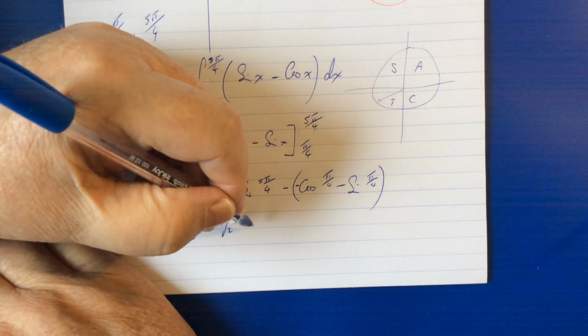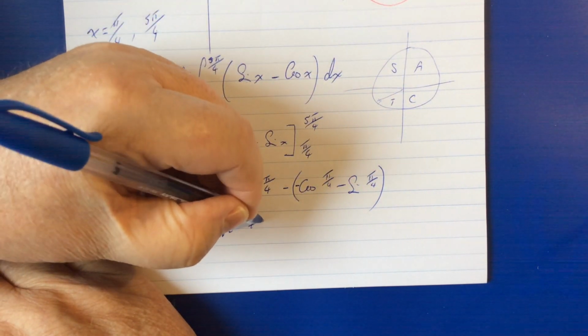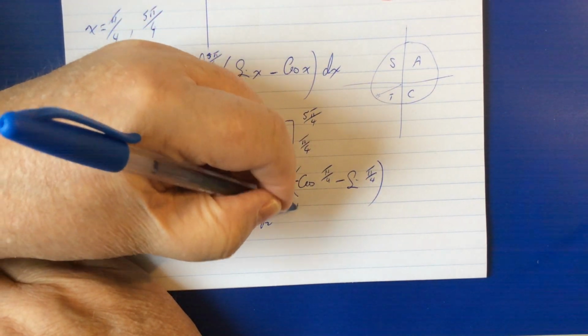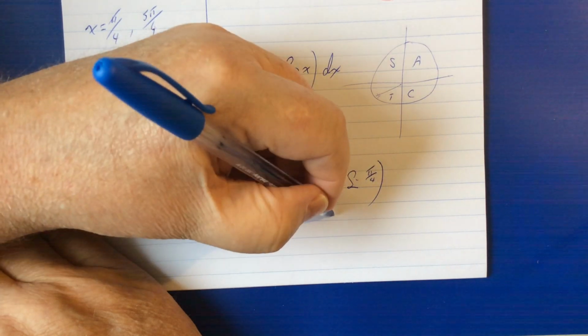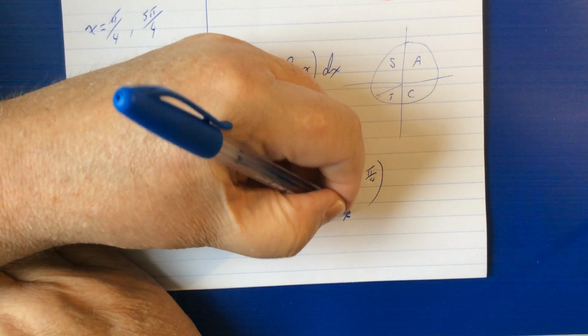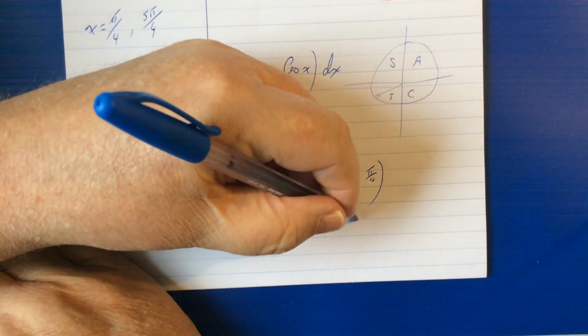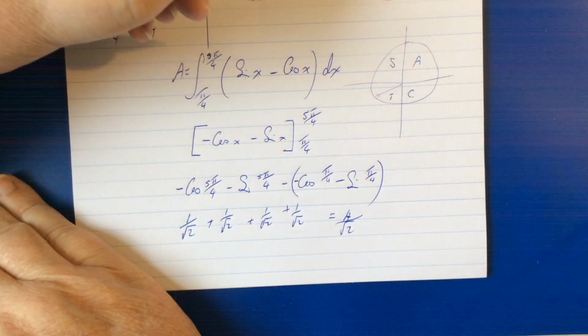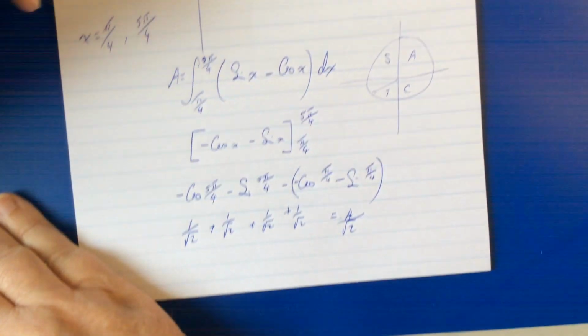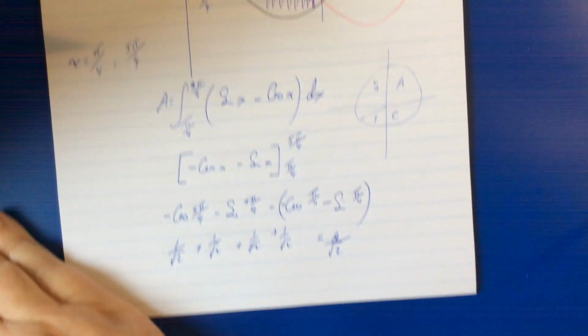The double negative will give us plus 1 on root 2, plus 1 on root 2, which will give us, I think, 4 on root 2. Now that is the area between these two curves.